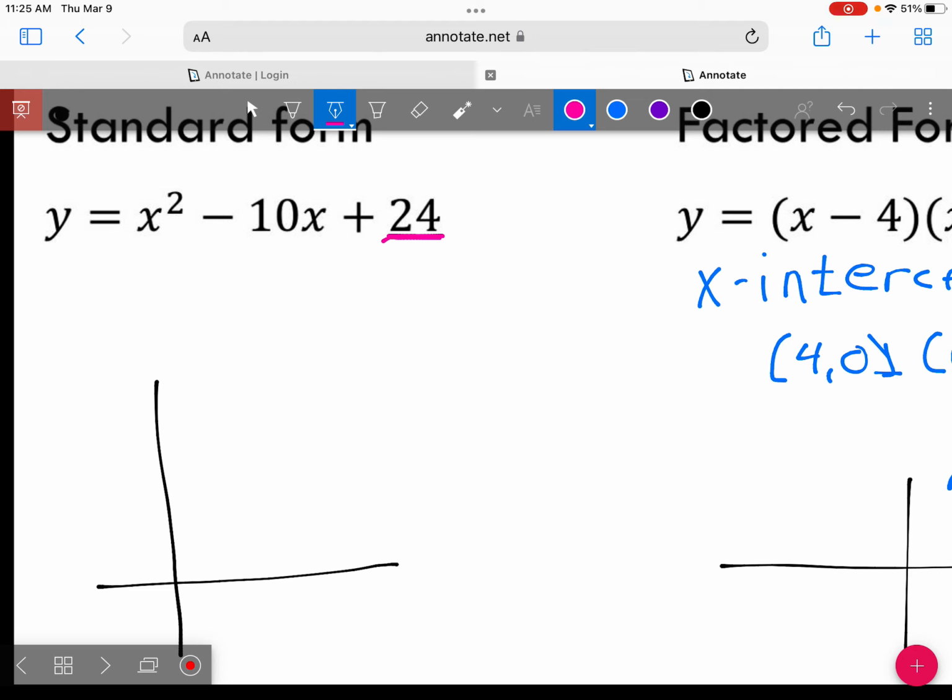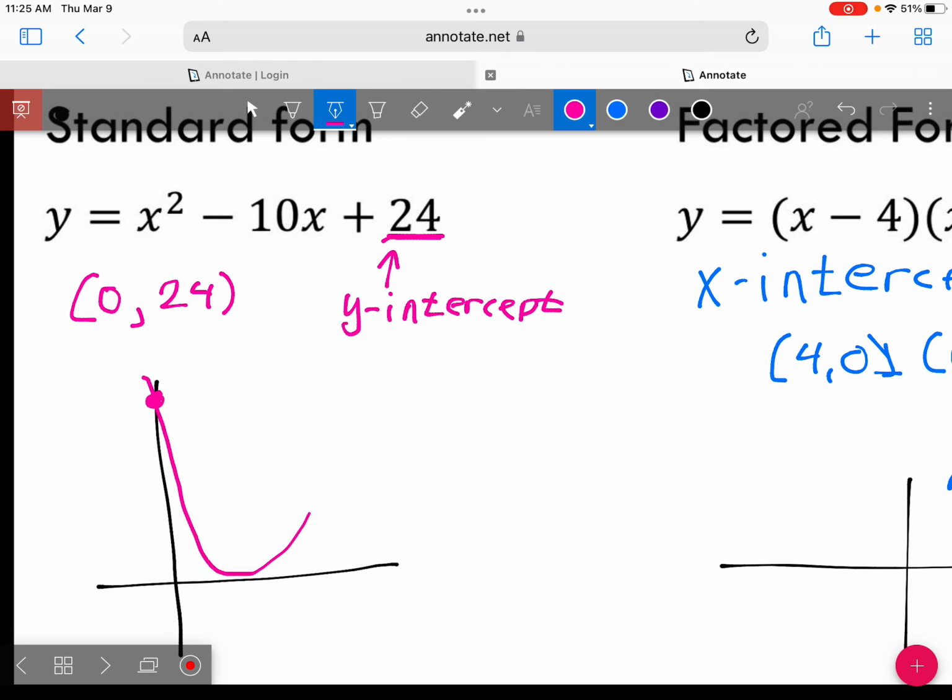If x is 0, 0 squared is 0. Minus 10 times 0 is 0. So if x is 0, y is 24. This guy is going to be your y-intercept. When x is 0, my y is 24 here. And then again, this is a happy face parabola. It's going to look something like that.